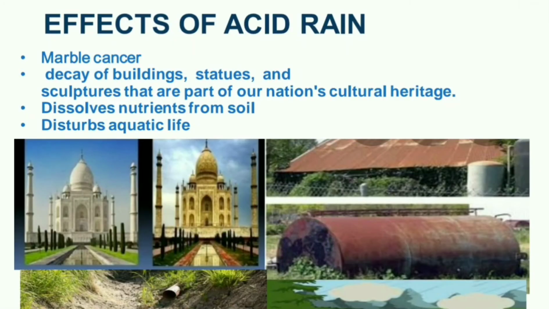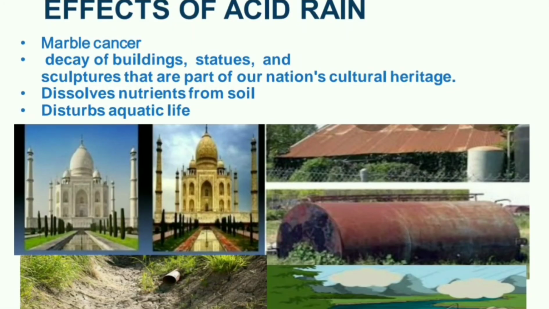Many harmful effects of acid rain are seen. The first one is marble cancer, where statues and structures made from marble and limestone slowly get corroded when rainwater containing acid falls on them. The sulfuric acid and nitric acid dissolve the marble to form different salts.